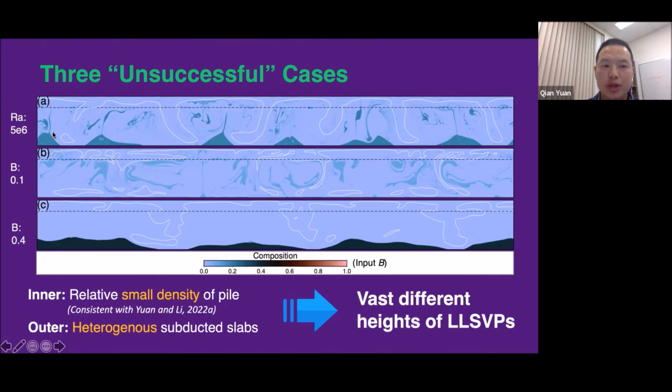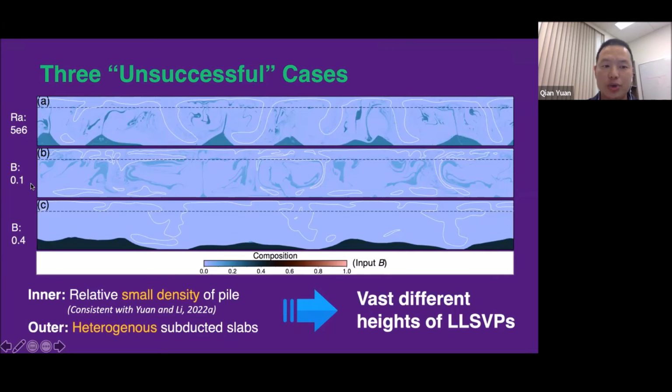If you have a smaller Rayleigh number, the reference viscosity will be larger. In that way, the cold downwelling will be quite strong, and the phase transition we use is not enough to stop this subduction. The strong subducted slab will easily penetrate into the mantle and distribute everywhere. In that way, you will see the heights of these blobs are all very similar.